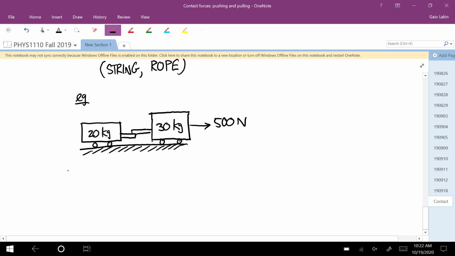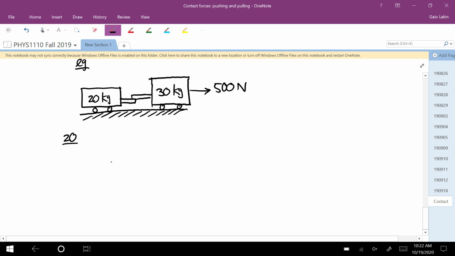So let's think about what's going on with each of these. So the 20 kilogram cart, if we think about the contact forces, is there a pulling force between the ground and the cart, on the cart applied by the ground? No, that is a pushing force.